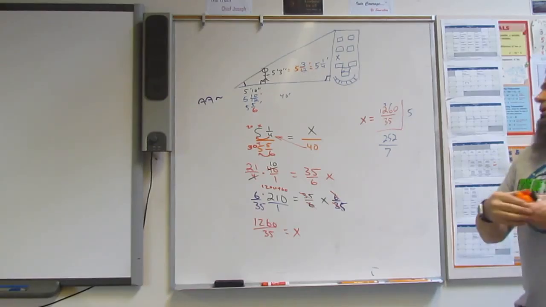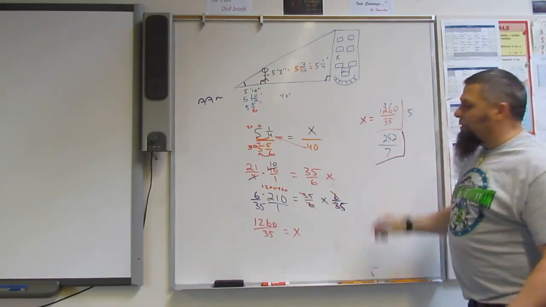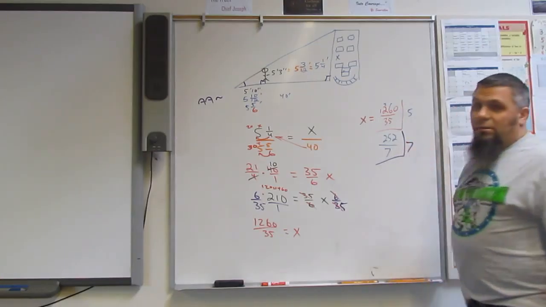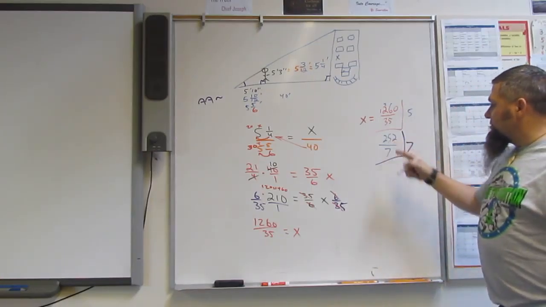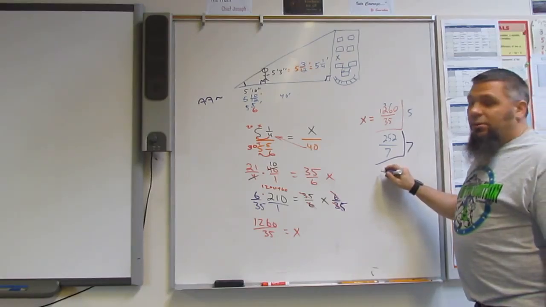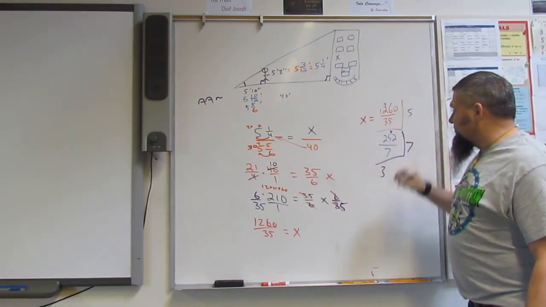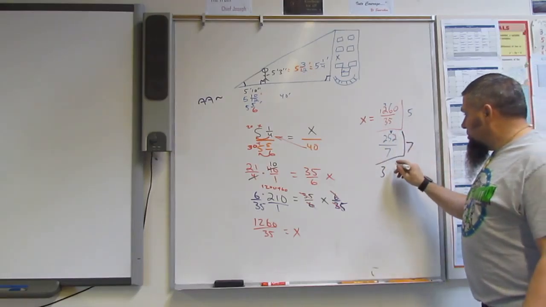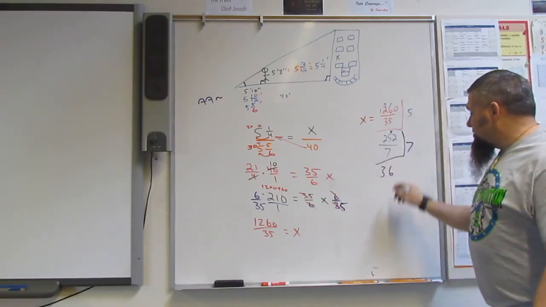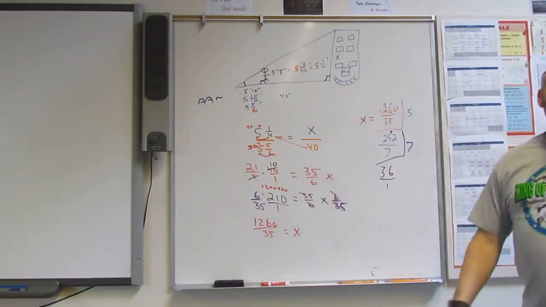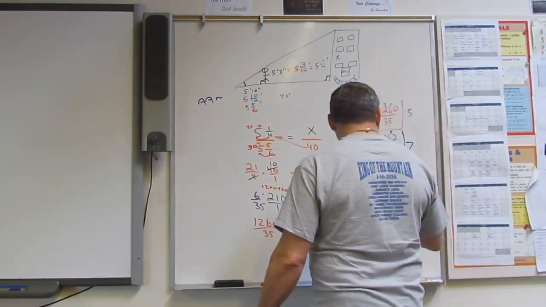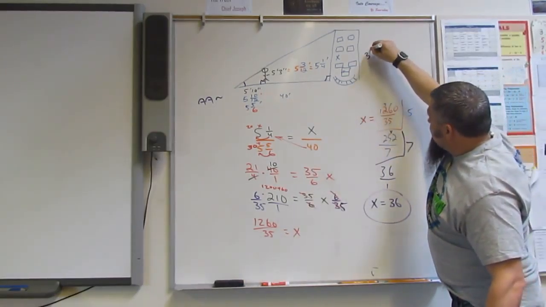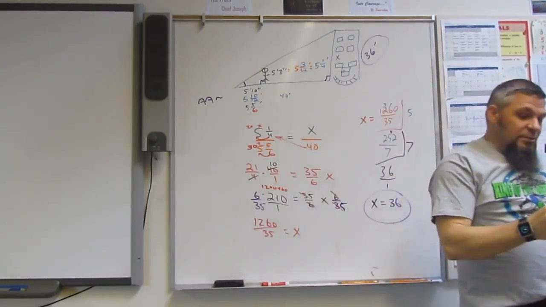Then what goes into both of these? I can try a 7, which is really the only choice. 7 goes into 25 3 times with 4 left over, 7 goes into 42 6 times, and 7 goes into 7 once. So it's 36 over 1. So x equals 36. The building height is 36 feet.